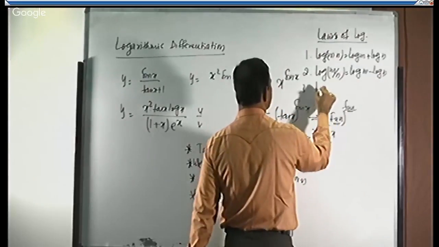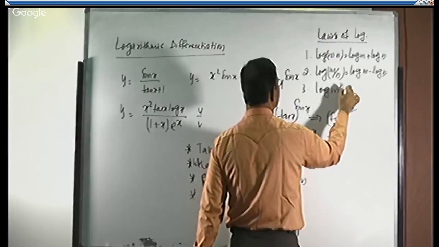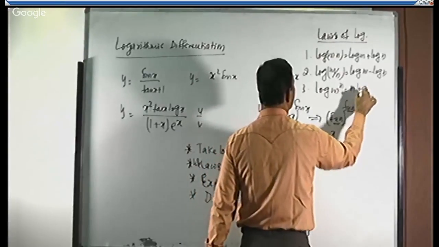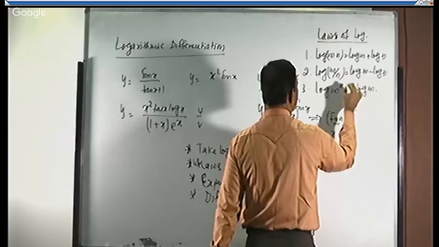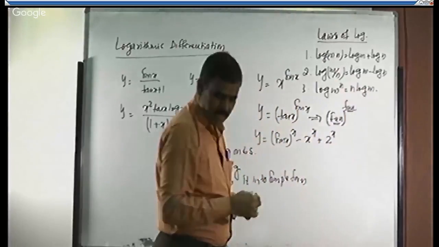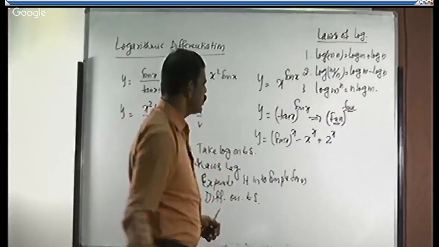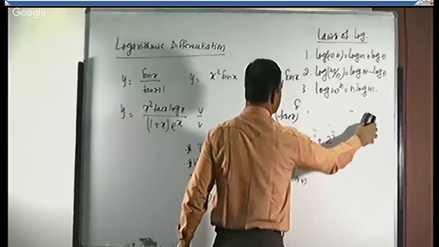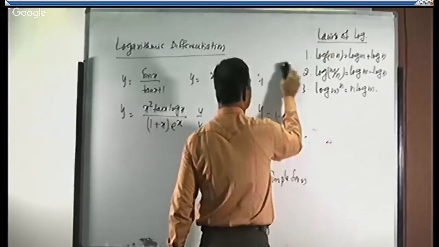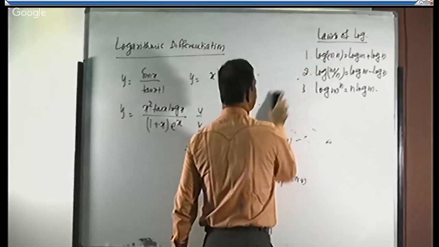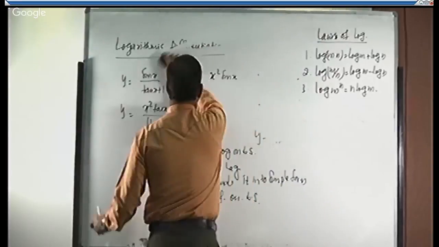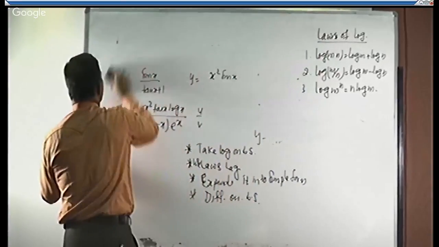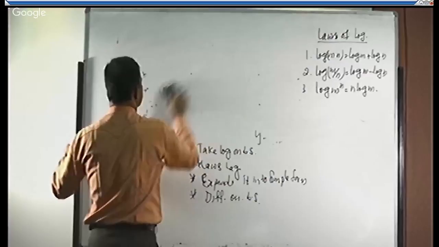This is most important: log m power n is equal to n into log m. The power becomes the index. So these are important laws we are going to use in the differentiation process, right? So let us take some function using logarithmic differentiation.